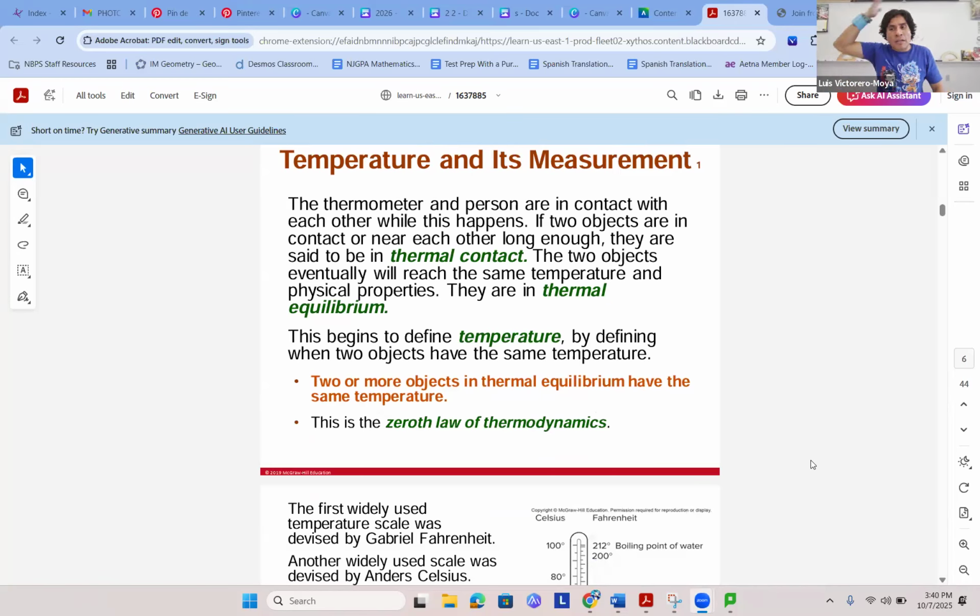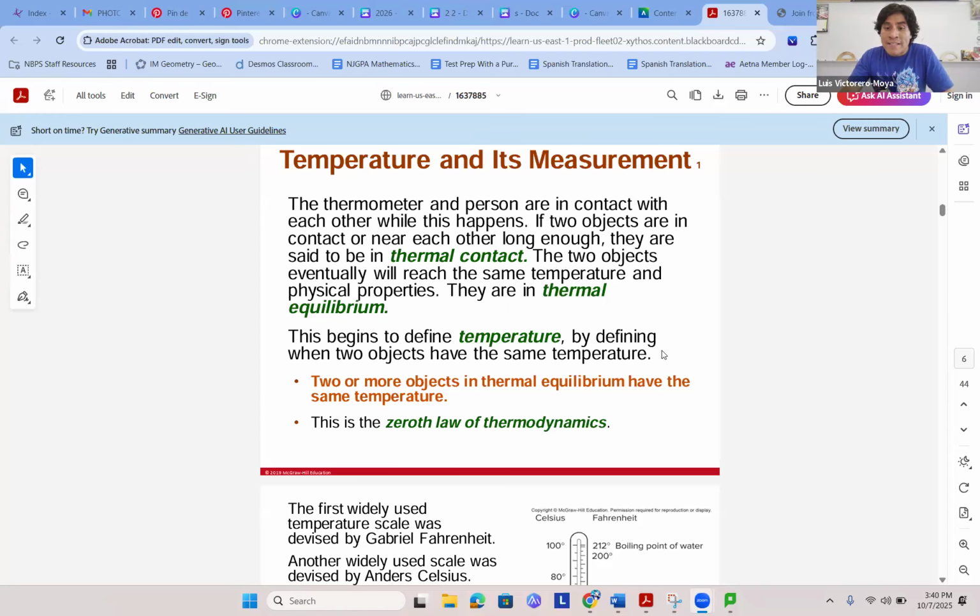Think in terms of when you're trying to cool down a cup of coffee, and let's say you throw some ice in there. Or if you have cold water and you put some hot water, one is going to gain heat, the other one is going to lose it. And eventually they reach the equilibrium temperature, which is what we know as thermal equilibrium.